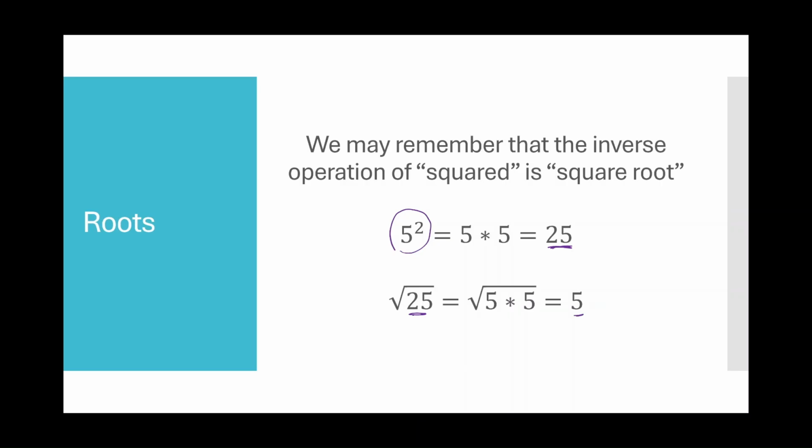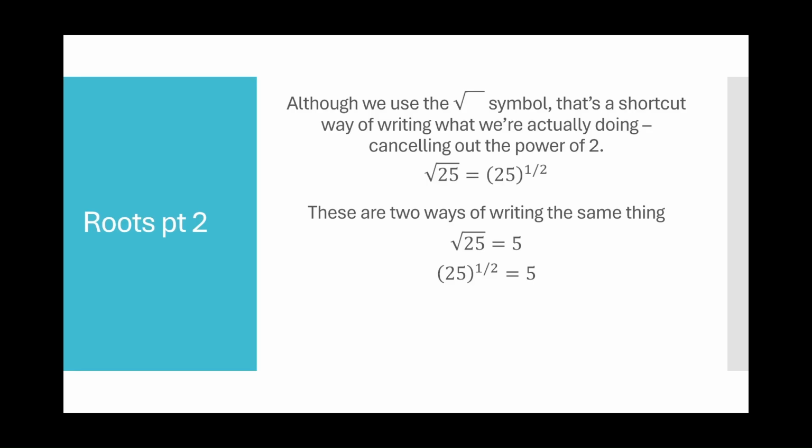So we write that as the square root, but what we're really doing, that's a shortened way of writing to the power of 1/2. So square root of 25, we can also write that as 25 to the 1/2 power. Both of those mean the square root of 25.